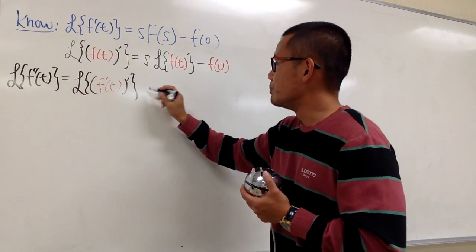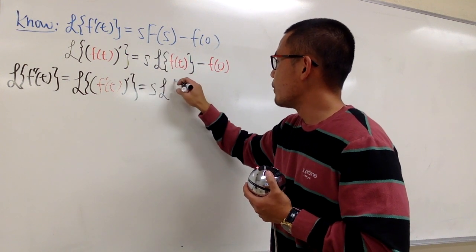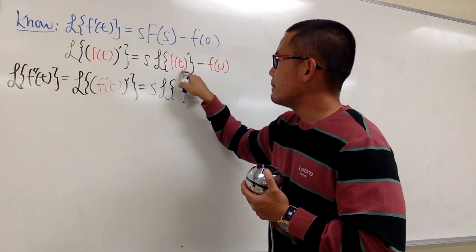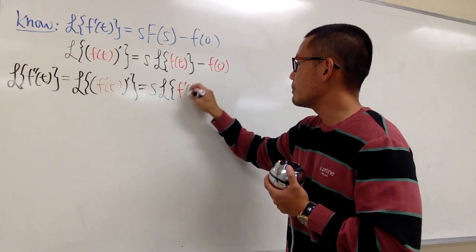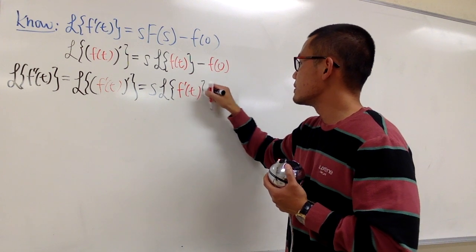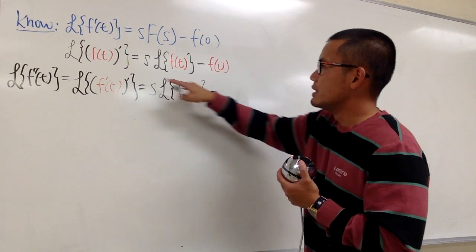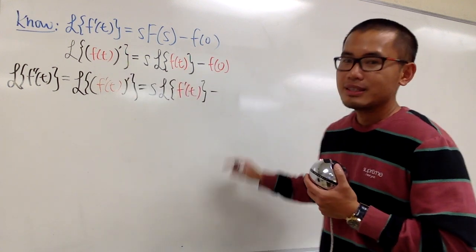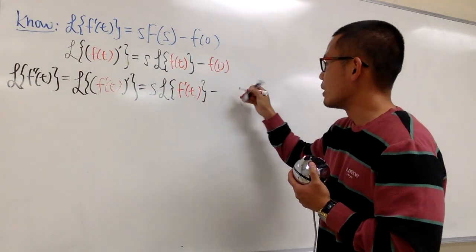So this is going to be, we still have the s in the front, and then the Laplace transform. This and that match, and now I have to put this right here, which is f prime of t, like this. And then minus, the reason this is f of 0 is because f of t. So now, this right here, it will be f prime of 0.